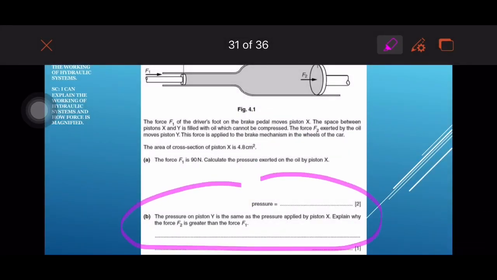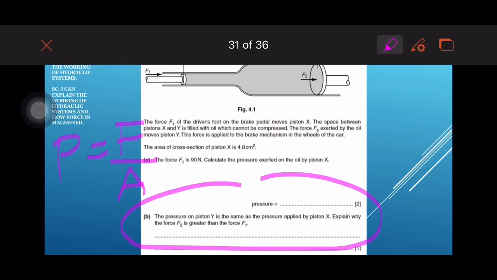The pressure on piston Y is the same as the pressure applied by piston X. But why is it that the force F2 is greater than the force F1? What's the reason? We already know that P is equal to F by A. And we learned in our first lesson on pressure, the smaller the area, the bigger the pressure applied, and the bigger the area, the smaller the pressure applied.